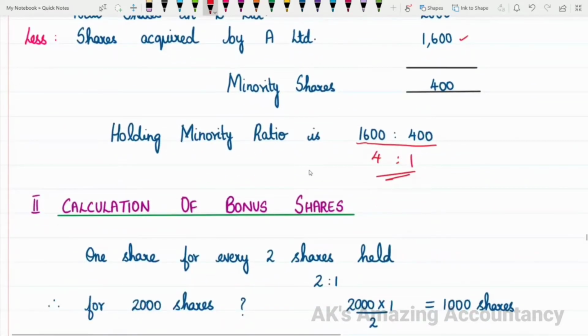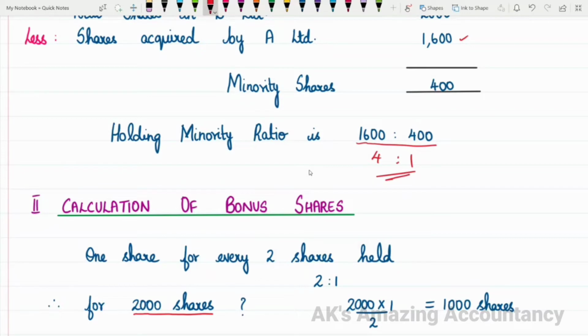As it is given, one share for every 2 shares held. So how many ordinary shares are there in B Limited? There are 2000 shares. As per the problem, 2000 ordinary shares are there in B Limited. So for every 2 shares, 1 share, means for 2000 shares, how many shares will be given?